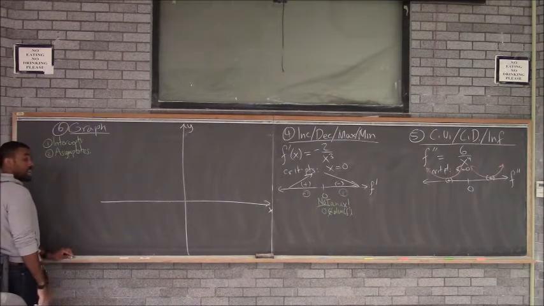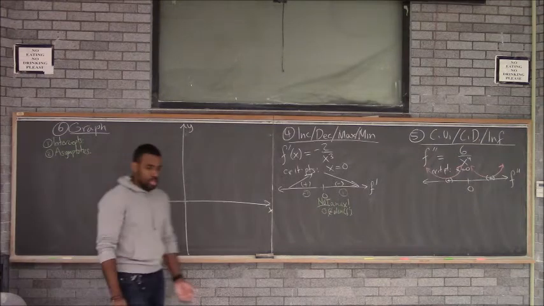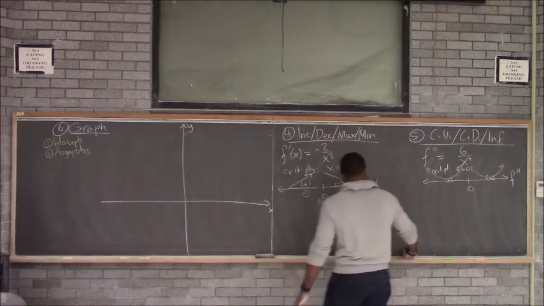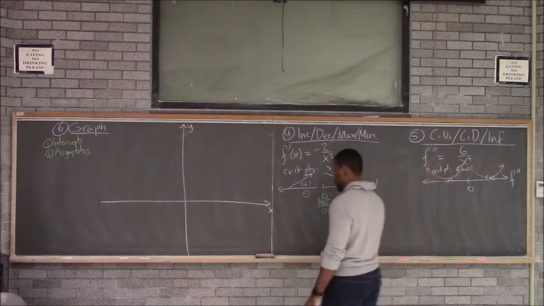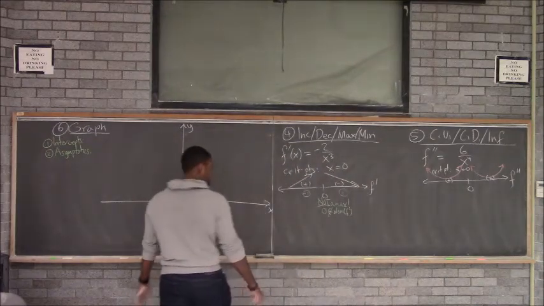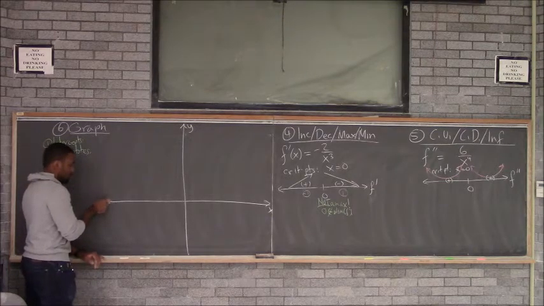Now, how do you put in asymptotes? So we had 2, vertical and horizontal. How you draw an asymptote is with a broken line. So write an asymptote at y equals 0.